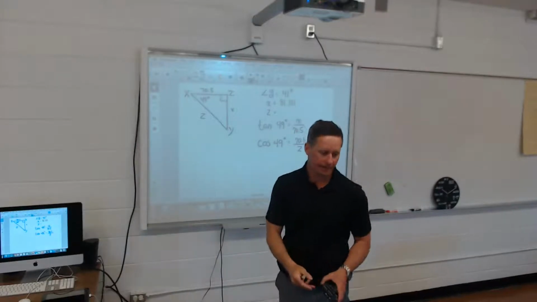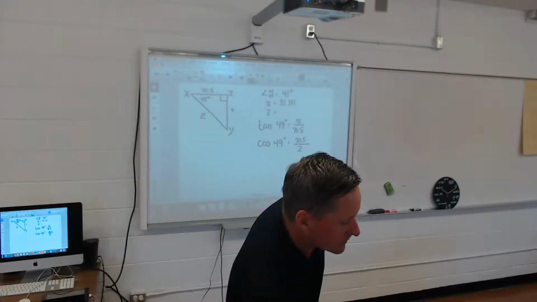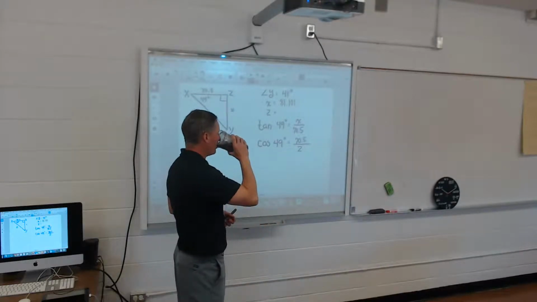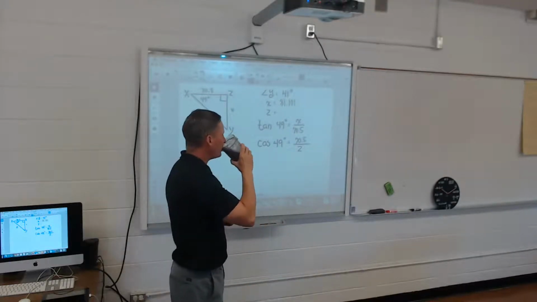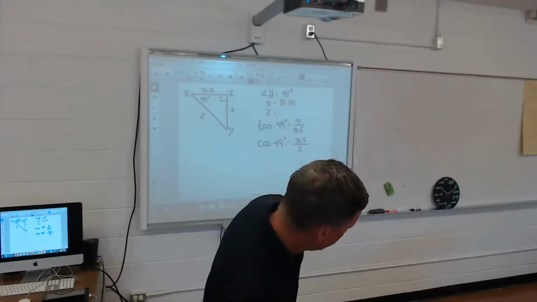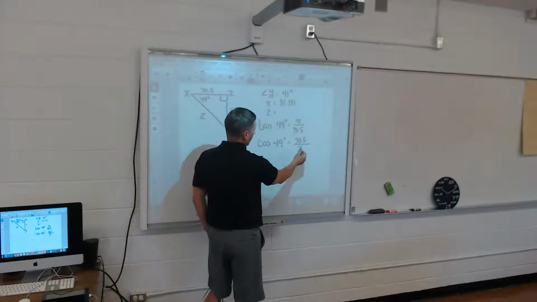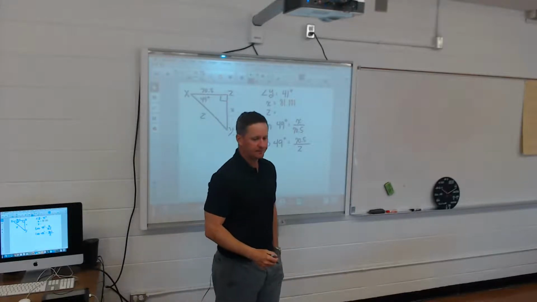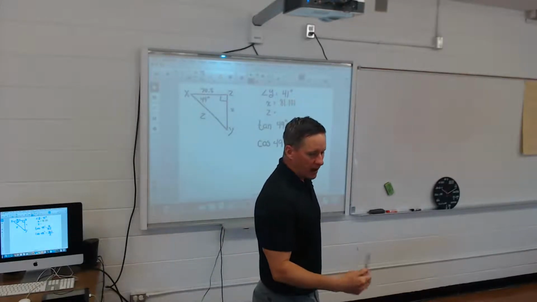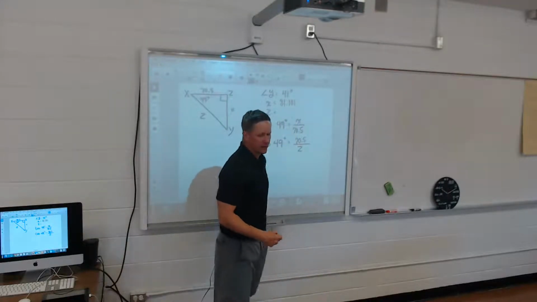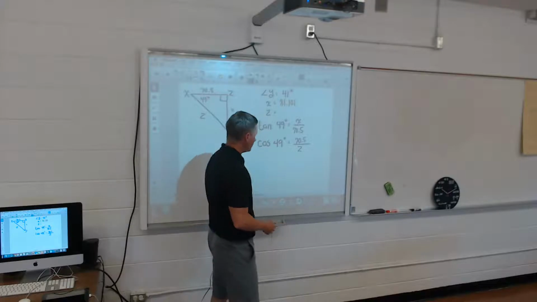Now, this is different than what we have done up to this point. All right. So when you're looking for the hypotenuse, it will always be on the bottom of the fraction when it comes to sine, cos, and tan.